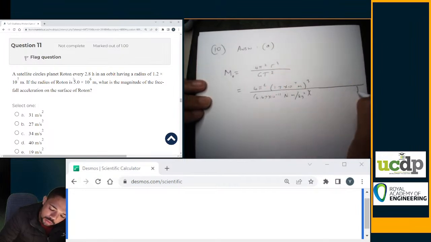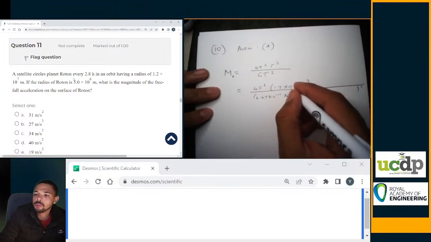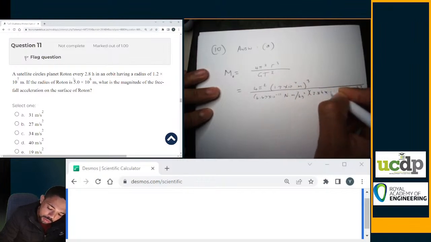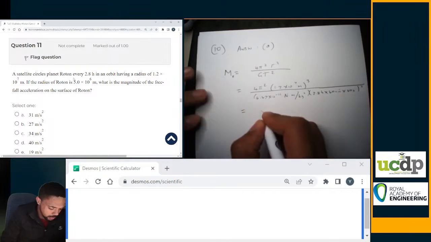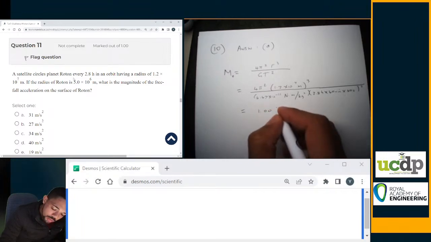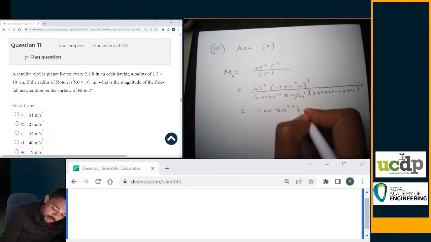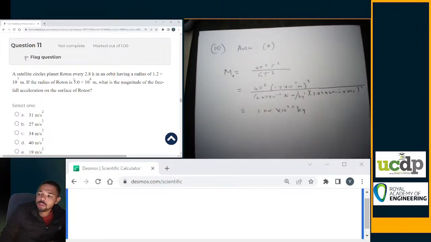The period squared, in this case the period is 2.8 hours, but we only work in seconds, so it's 2.8 hours multiplied by 60 minutes multiplied by 60 seconds, which gives you the number of seconds in 2.8 hours. That will eventually give you the mass of planet Roton, which is equal to 1.1 times 10 to the 25 kilograms. That is the mass of planet Roton.